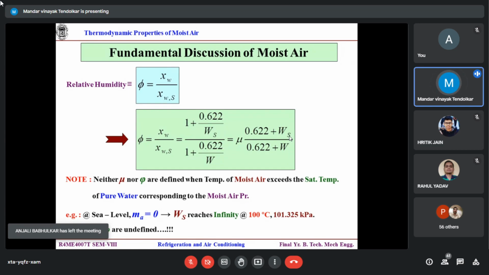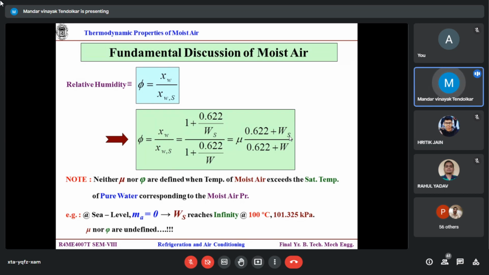Even though your temperature may be 1 atmosphere and 100 degrees Celsius, exactly above the surface of the sea water, even though you reach the boiling point, still you cannot define mu and phi, because your Ma is 0. We assume dry air, nothing is there. This is the water level, exactly above it, it is continuously in equilibrium with the water part.